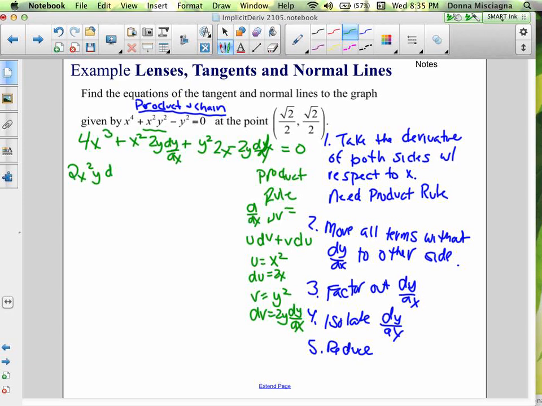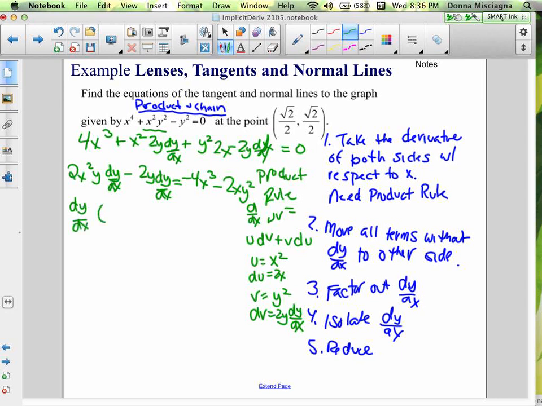So 2x squared y dy dx minus 2y dy dx equals, and then we'll subtract the other two: negative 4x cubed minus 2xy squared. I like to put the x's first, alphabetical order.